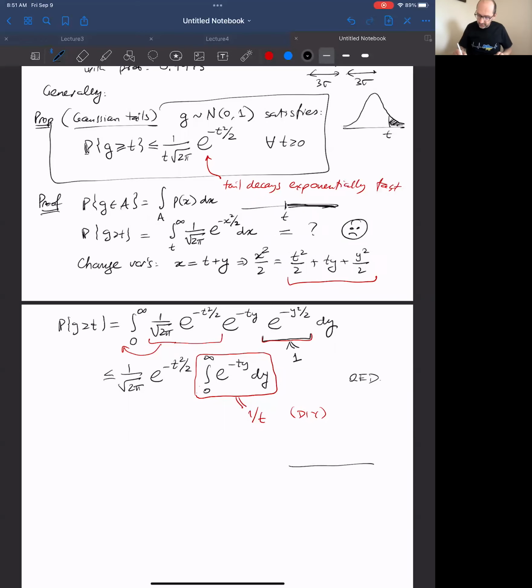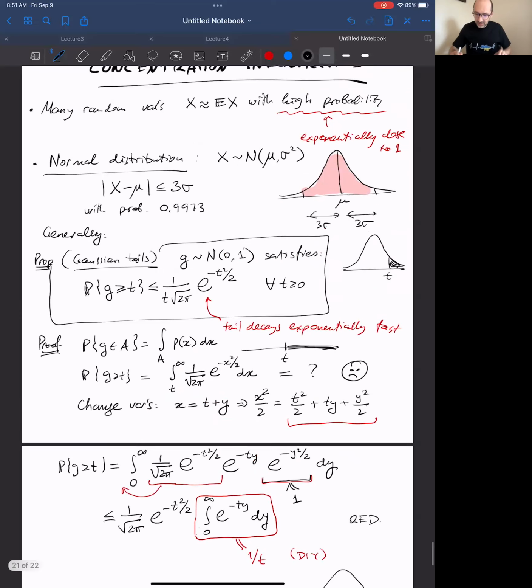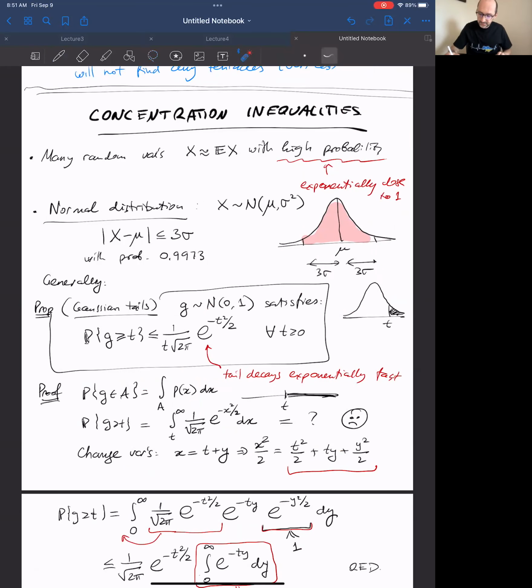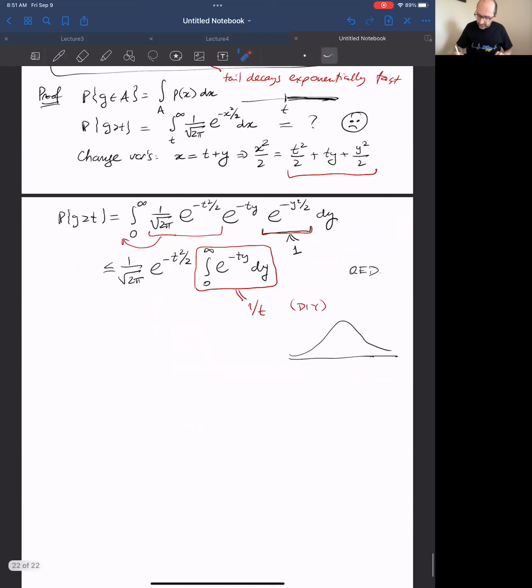What about two-sided tails? Now we're going to test how good we did compared to the classical three sigma rule. So we need a two-sided bound now, from t to minus t, and we want two tails like this to bound them. That's easy.